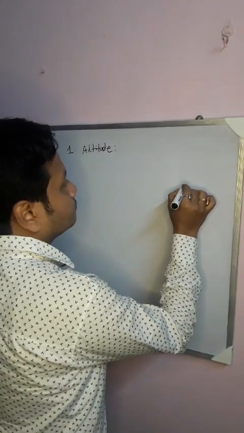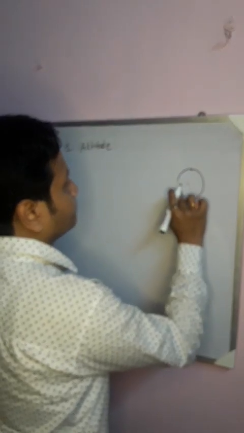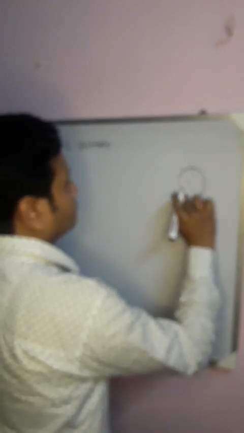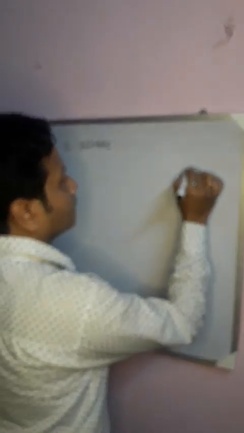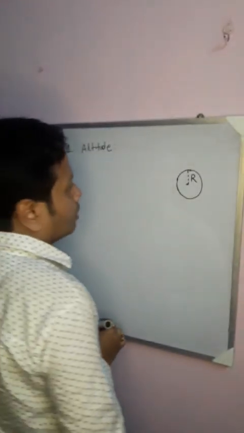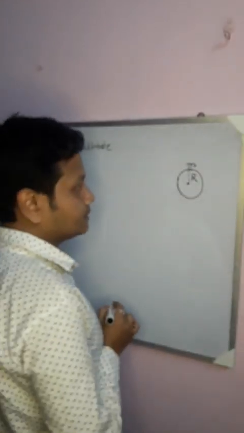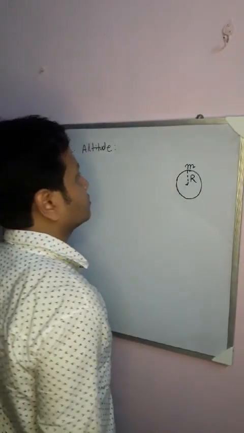Suppose this is Earth, this is the center of Earth, and this is the radius of Earth, say capital R. Now at first assume that an object of mass m is located at a height equal to the radius of Earth, that means on the surface of Earth.